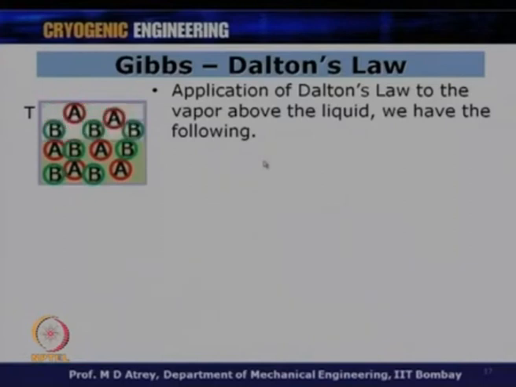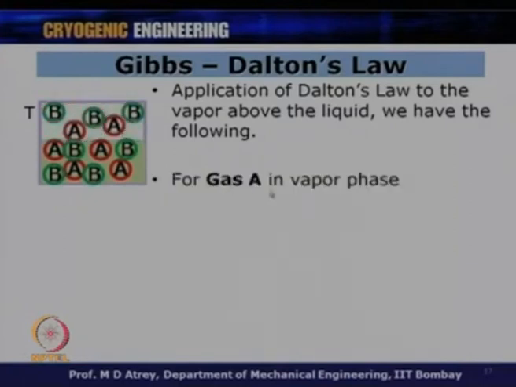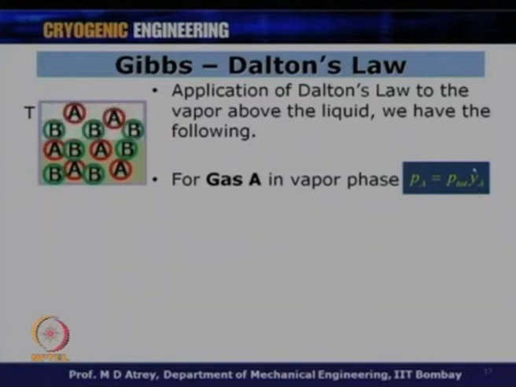What we are doing now is basically relating P A to Y A, as we have done earlier. For a gas A in the vapor phase, what we know is P A is equal to P total into Y A. The partial pressure of gas A is related to its mole fraction in the vapor phase, and the constant of proportionality is P total.